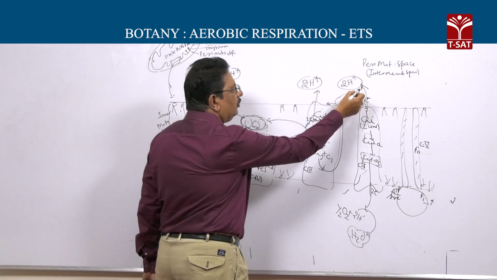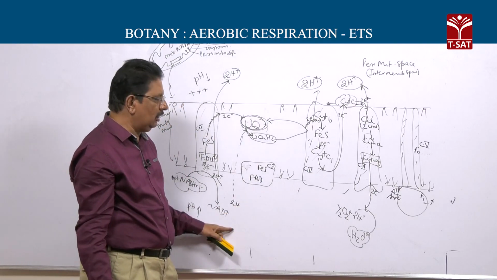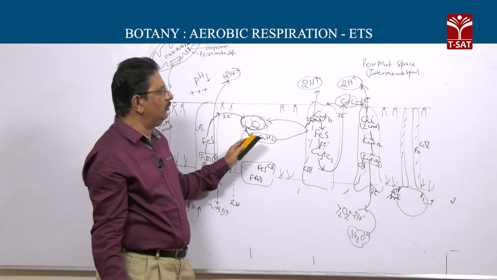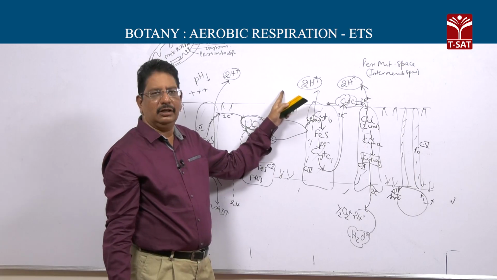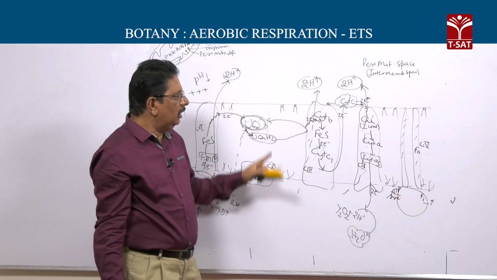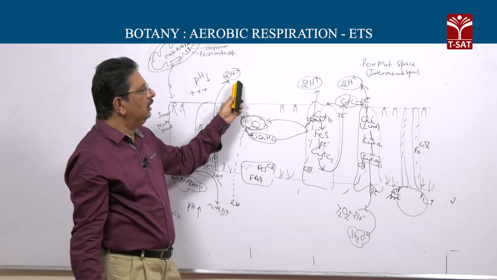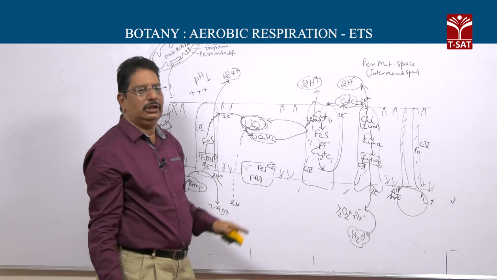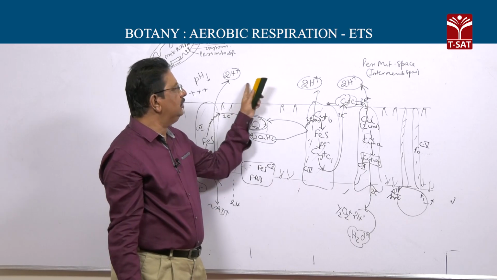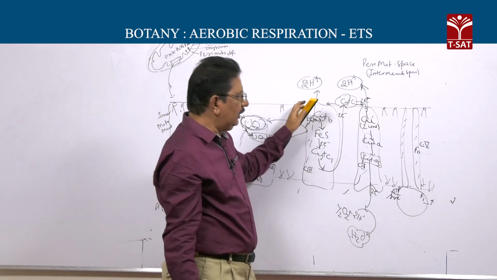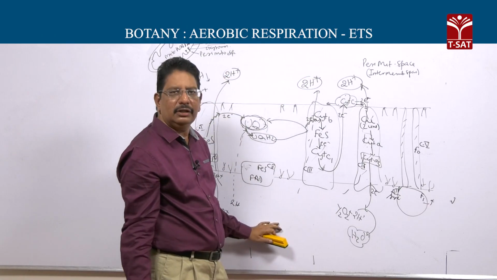So, more and more protons are accumulated here, fewer protons are seen in the mitochondrial matrix. So, as per the thermodynamic principle, the region with more concentrated ions, from there the ions are supposed to move to their lower concentration. So, here in the intermembrane space there are more protons, relatively fewer protons in the mitochondrial matrix. So, these protons are to be transferred from the region of higher concentration to the region of lower concentration.